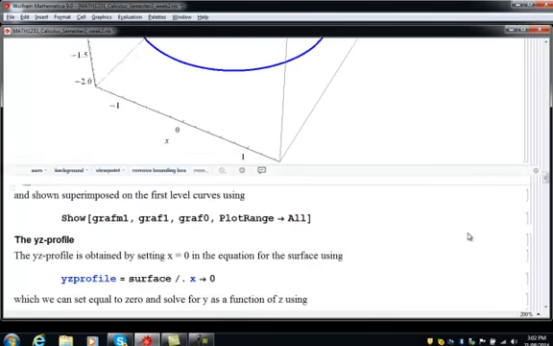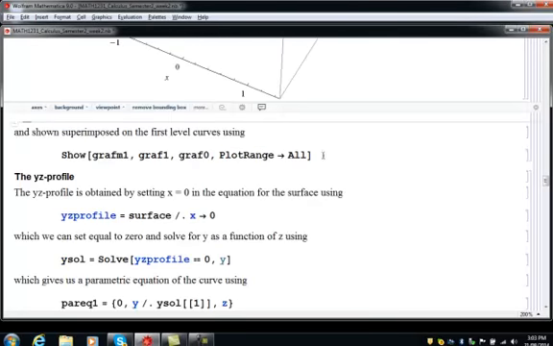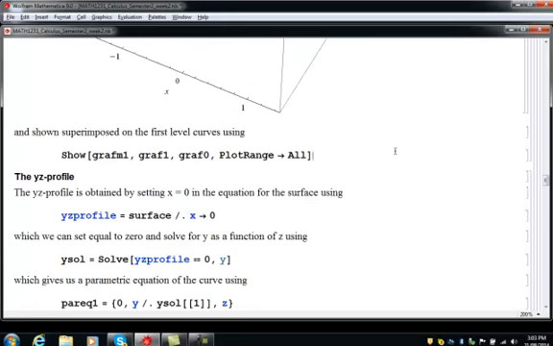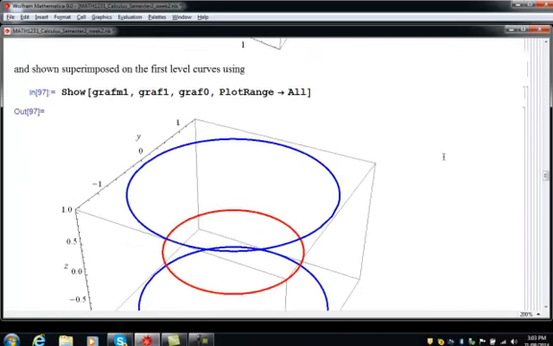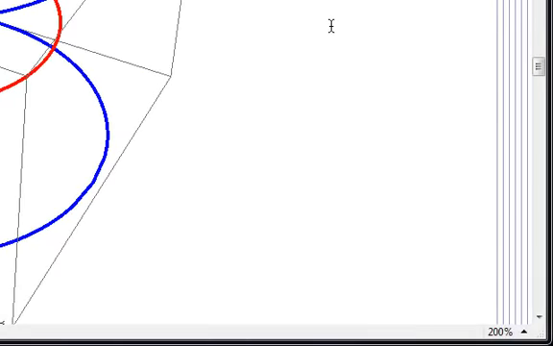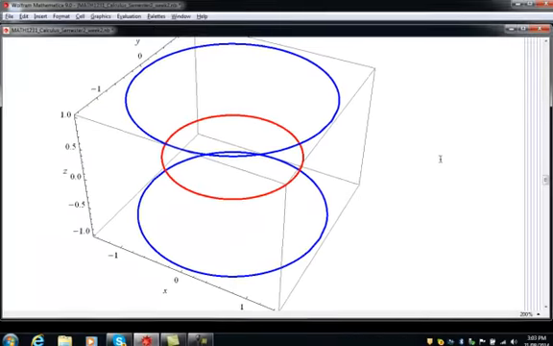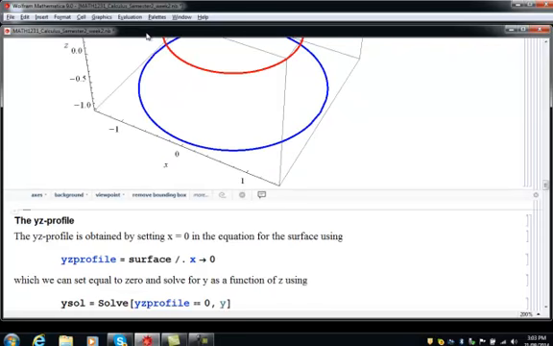And now I can superimpose the three graphs to give me that. So that gives some idea what the surface looks like. If you cut it in a horizontal plane, then the result is a circle.